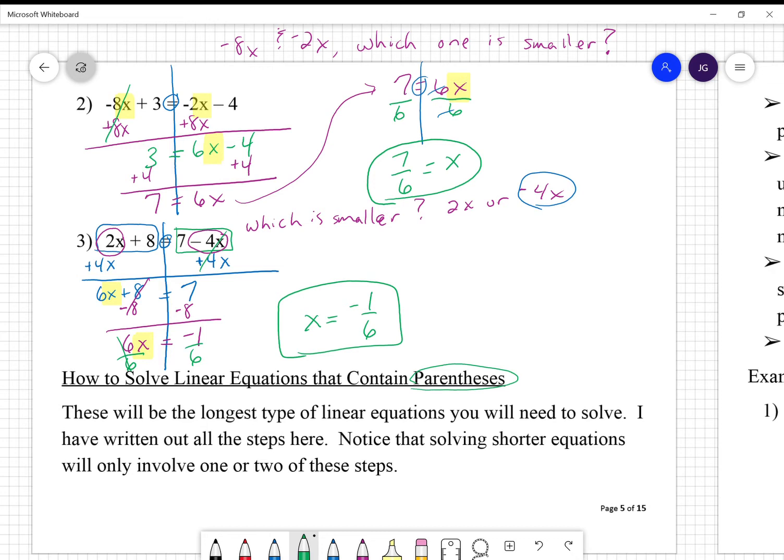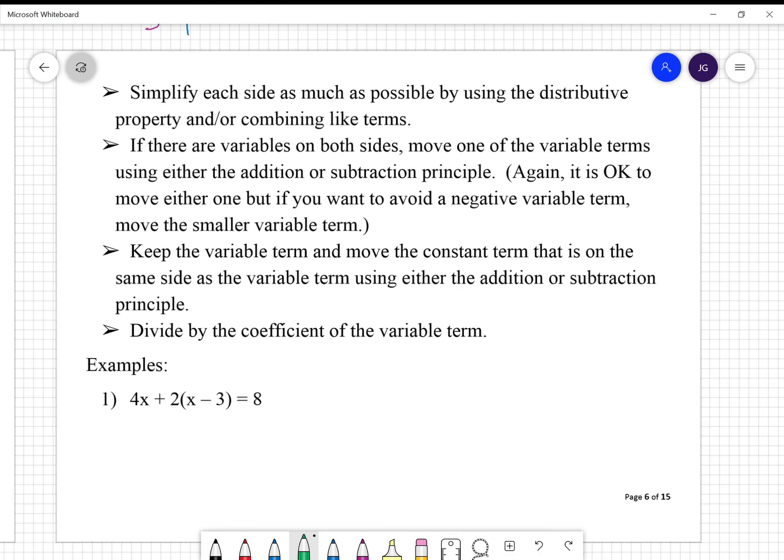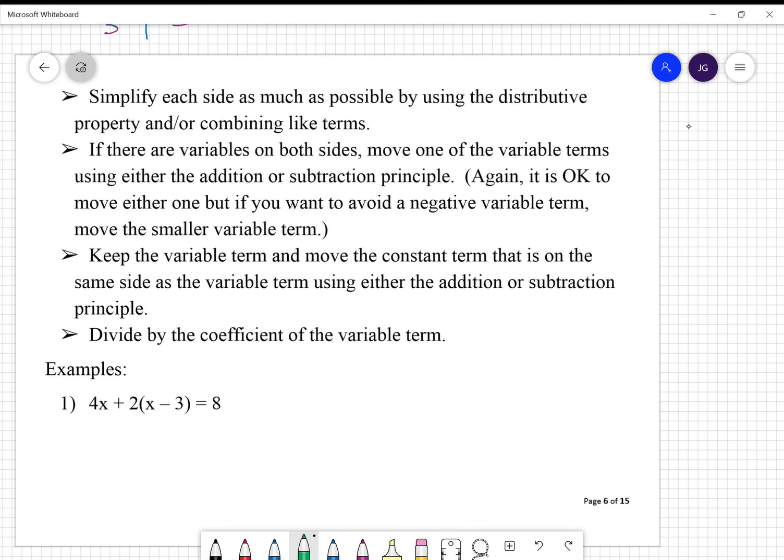Basically, what you're trying to do is get x by itself. I have talked through all of these steps. Simplify each side. Okay, that's when I put my wall, and you've got your left side and your right side. You simplify them separately as much as you can.